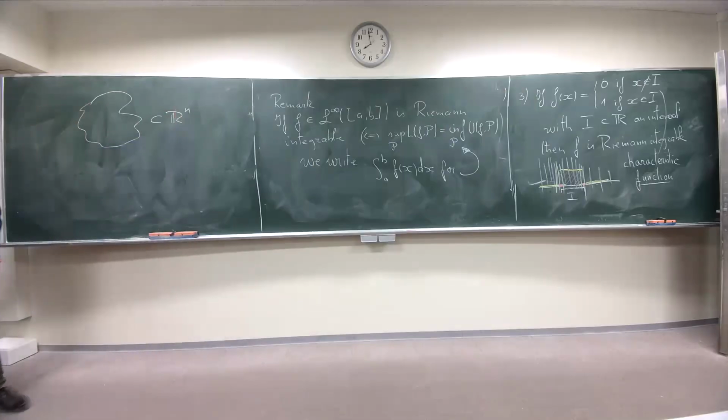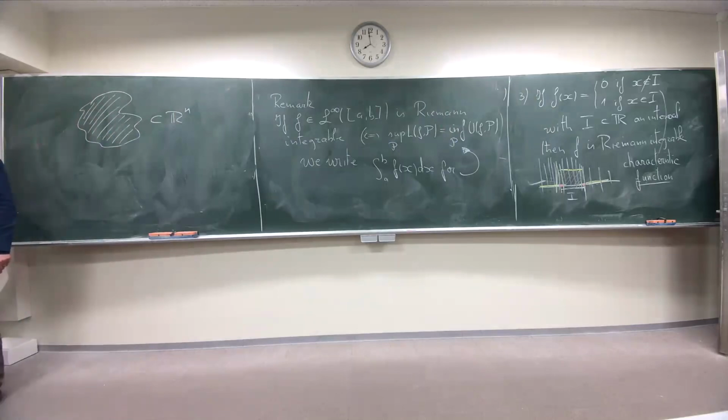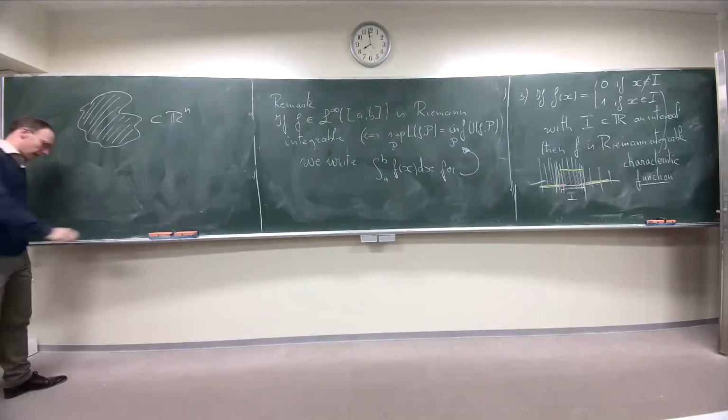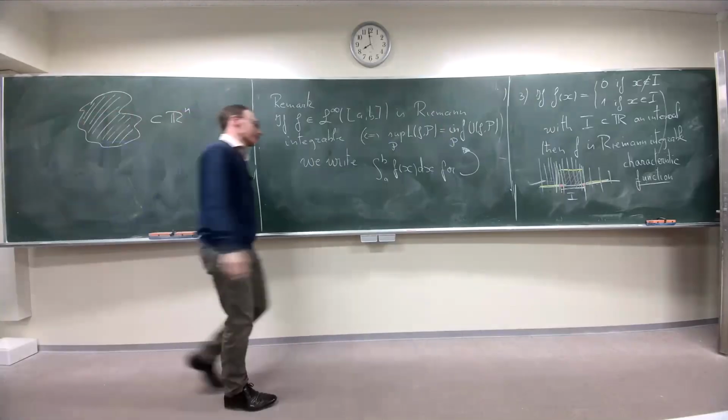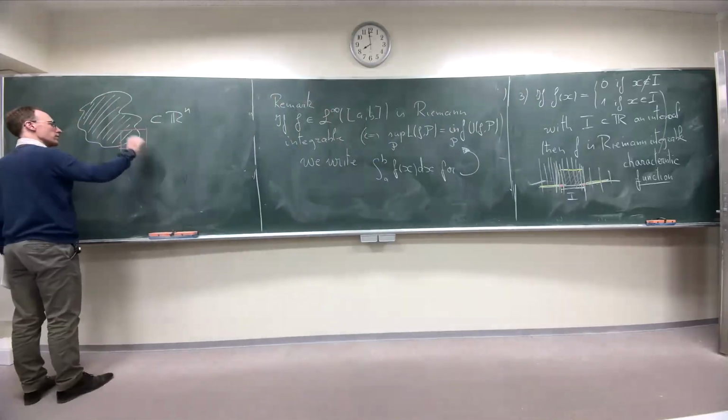What is the volume of this? How do you define the volume of this set? If you need to cover this with paint, how do you compute the volume? We are going to do it like this, indeed. I'm going to cover it by boxes.